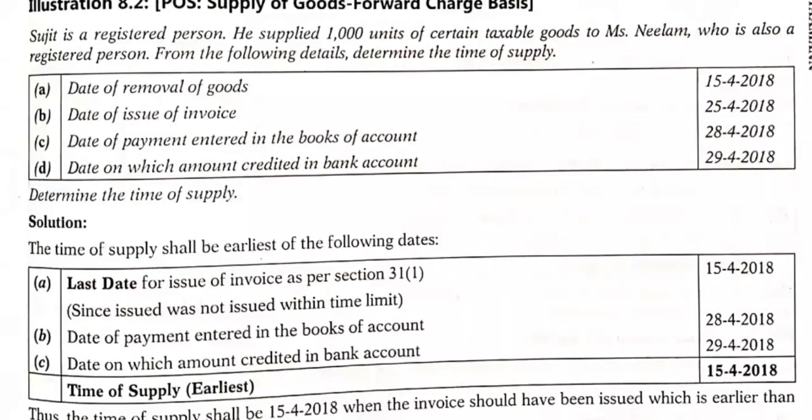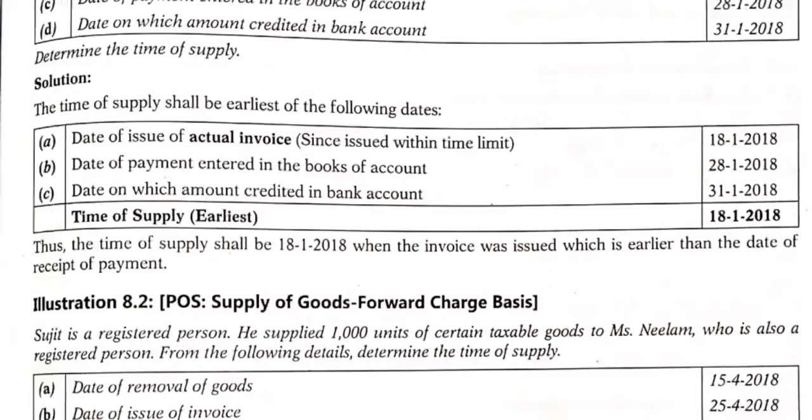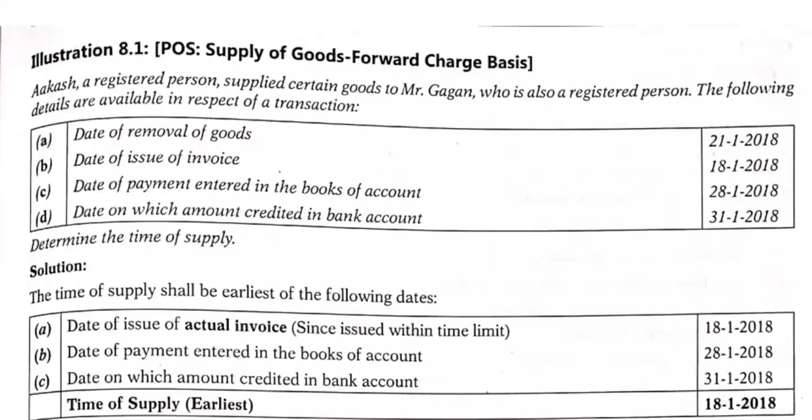It is 15/4/2018. Now in the last problem, let me show you. The date of removal of goods is 21/1/2018. So the date of issue of invoice is 18/1/2018. Now first we need to compare these both. So which was earlier? 18/1/2018 was earlier, right? So we took that date as the date of issue.